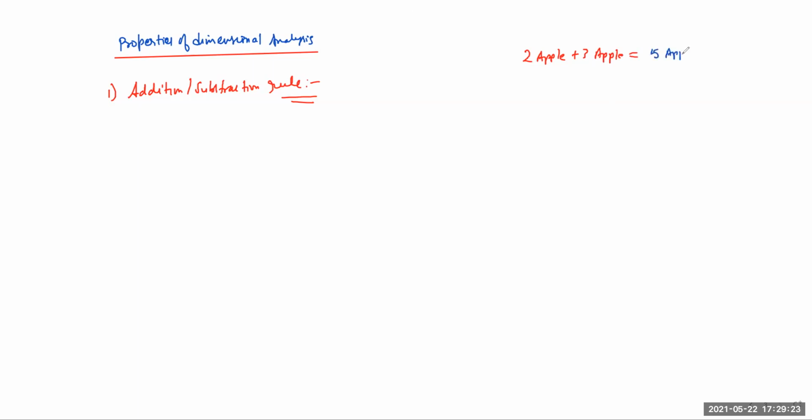Very good. And then 2 apples plus 1 apple, how much? 3 apples. That's nice. So you all know addition.